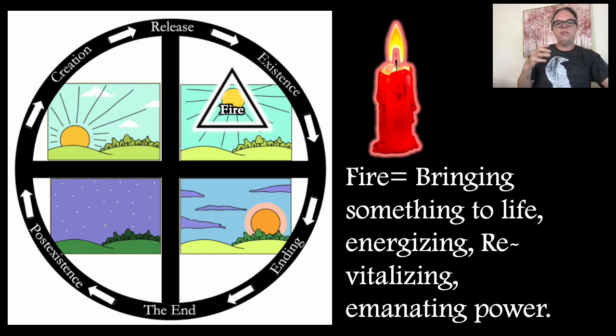The element of fire. This represents bringing something to life, energizing, revitalizing, and also it represents the emanation of power. And this is represented by the element of fire, which is the sun during the afternoon, and it's the sun that's totally free, and it's very easy to bring this fire energy into your magic.